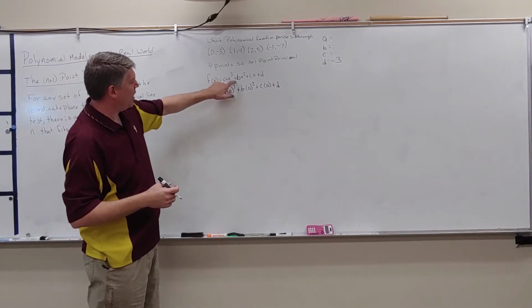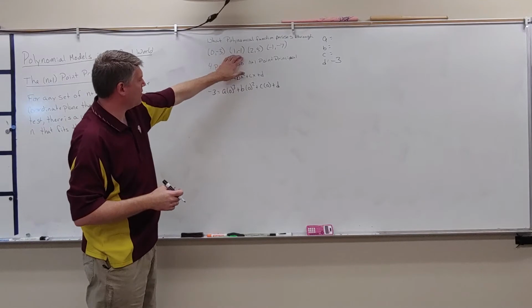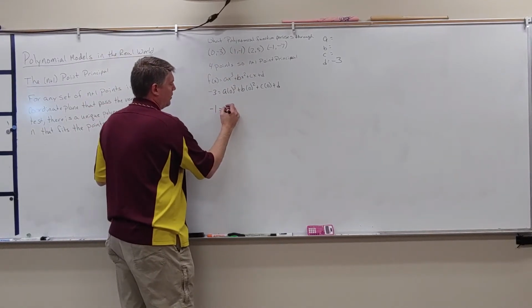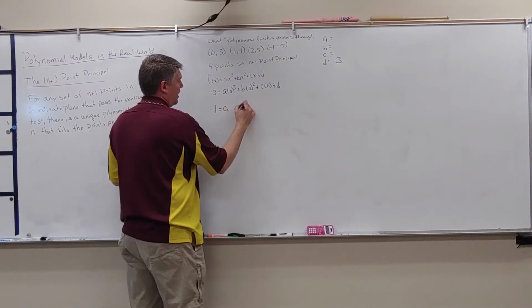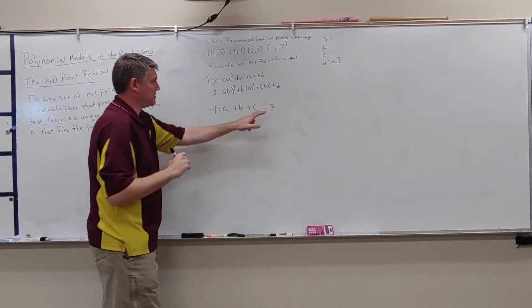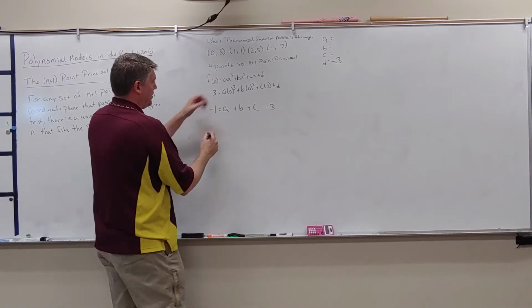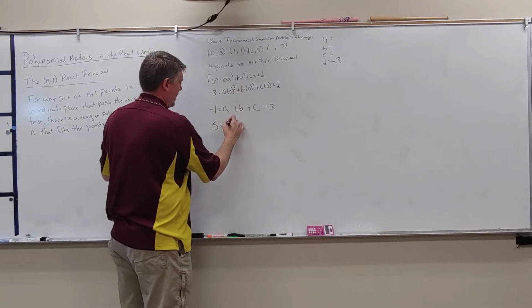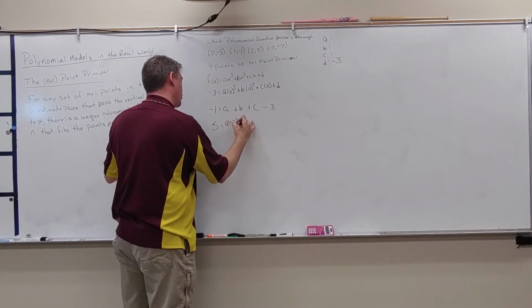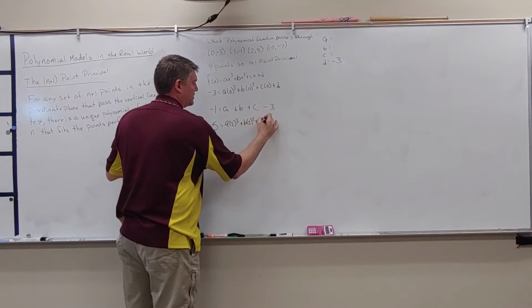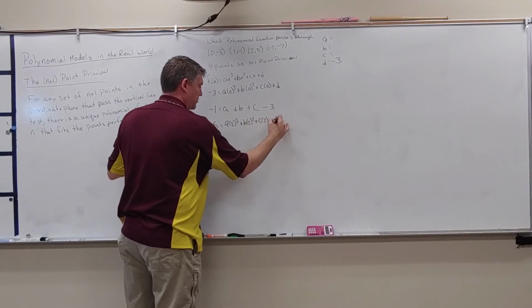So anytime I'm writing up these new equations, I'm going to put -3 in for d. Now I'm going to go to 1. So -1 equals a plus b plus c minus 3, right? Because d is -3. I'm going to plug in 2, so 5 equals a times 2 cubed plus b times 2 squared plus c times 2 minus 3.